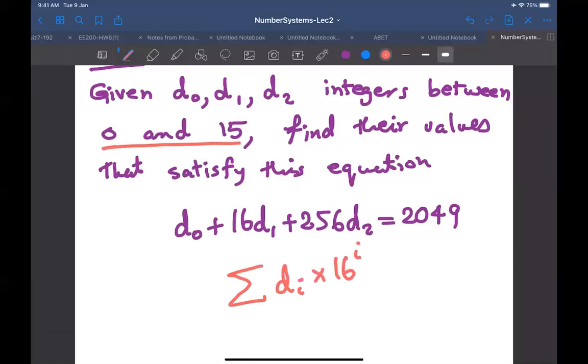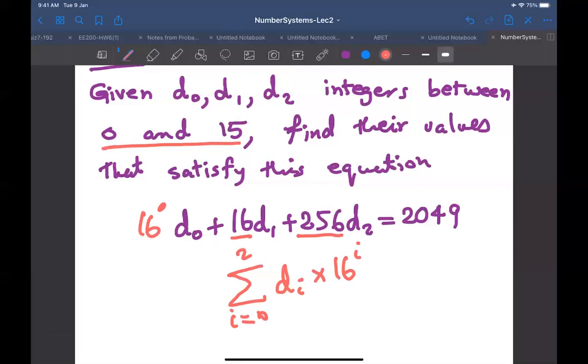But hold on. Here we have 16 to the power 0. Fine. Here we have 16 to the power 1. But this is 256. What is 256? 16 to the power 2. Excellent. So i goes from 0 to 2. So this is exactly a hexadecimal to decimal conversion, or a decimal to hexadecimal conversion.